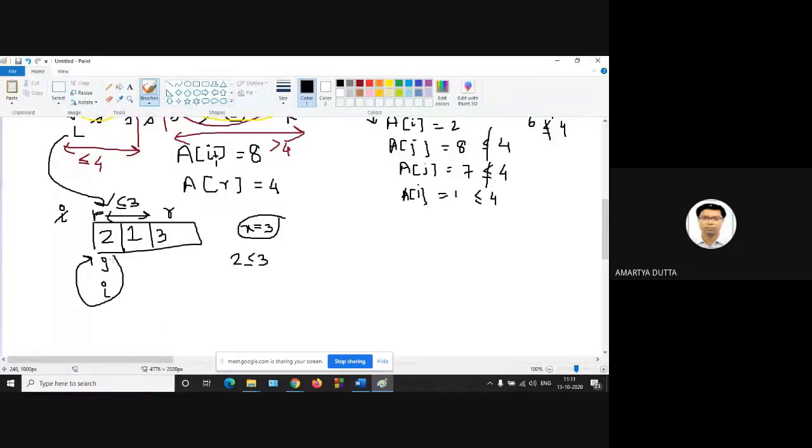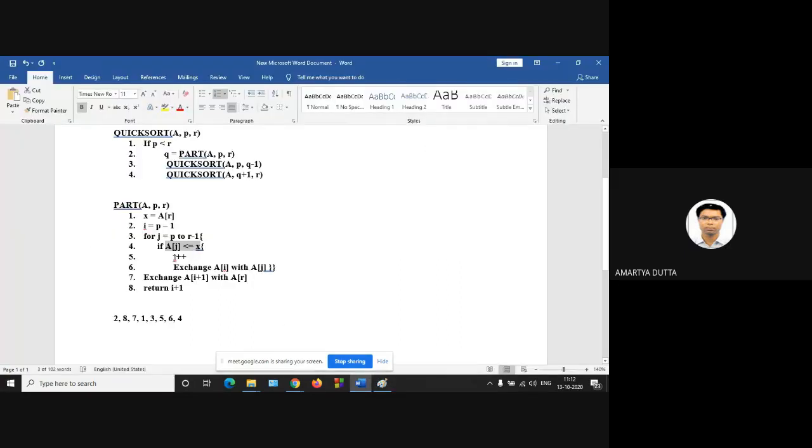Yes, sir. Then increase this J by 1. That is, J is here. So 1 is less than or equal to 3. So this is true. What should we do? First increment the I, then exchange Ai with Aj.